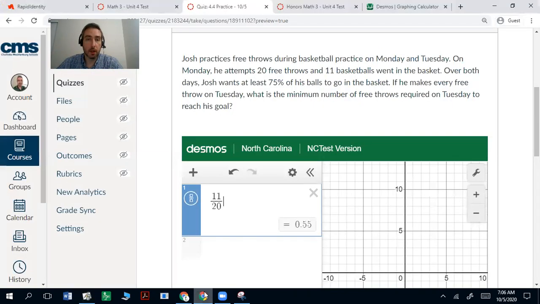A couple approaches, you could easily say, all right, his next one's going to be 12 out of 21. And you see how that's 57%, 13 out of 22, 59%, 14 out of 23. Of course, that can be kind of tedious and time consuming. You don't know how long it's going to take you to get up to 75%.